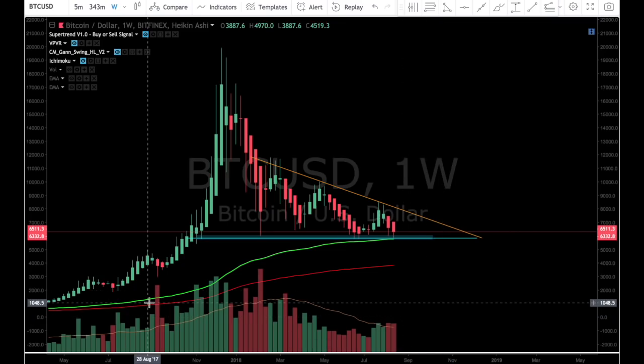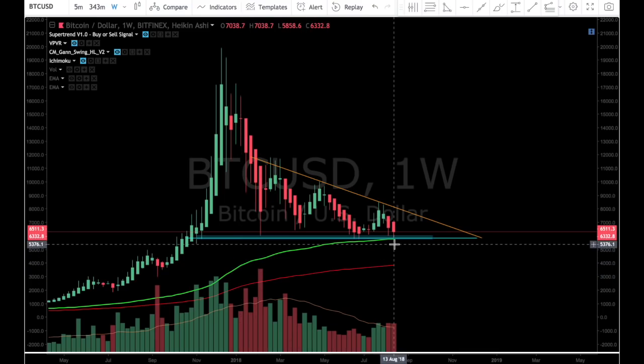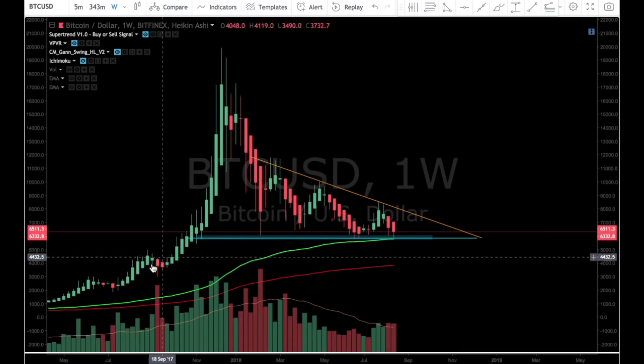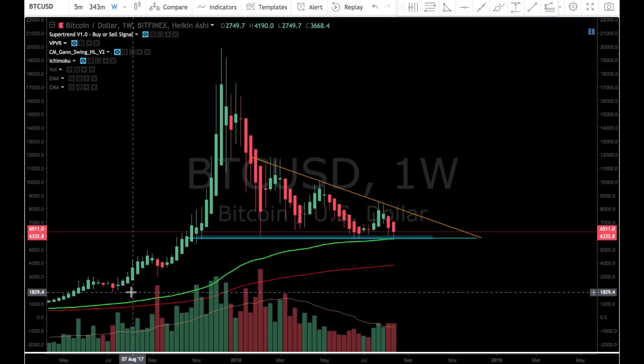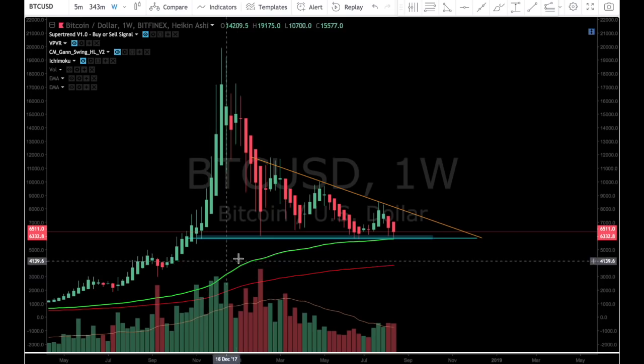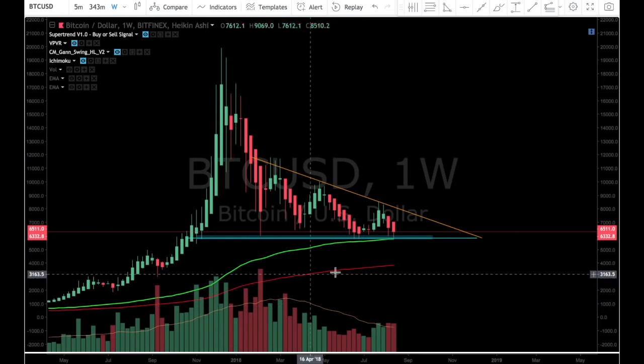But the green exponential moving average, which is this line right here, is an average of the last 100 candles on the chart. It gives more weight to the most recent candles, but it's still an average over the last 100 candles, the way that this EMA is set up. The red is an exponential moving average of 200.